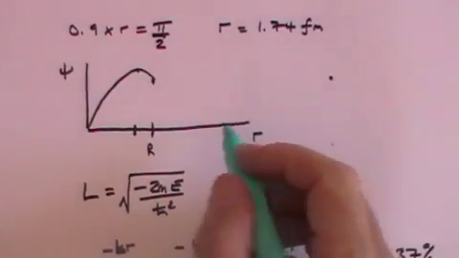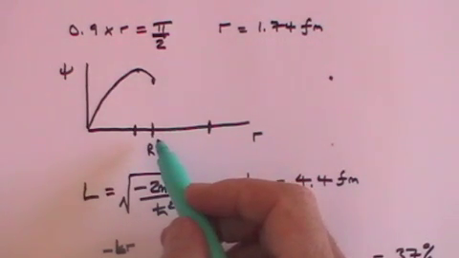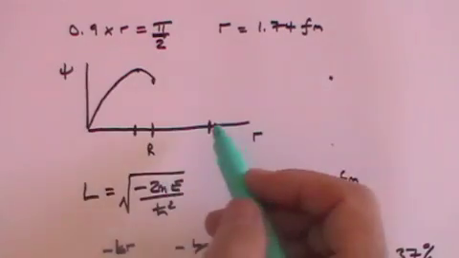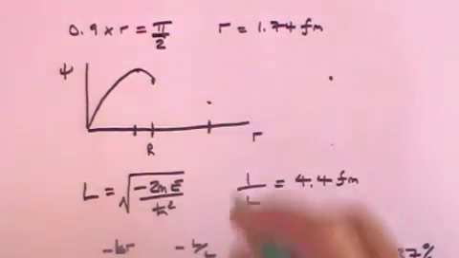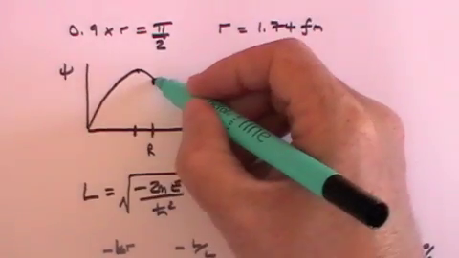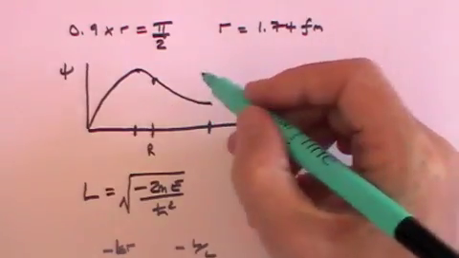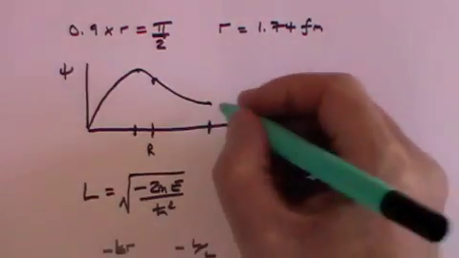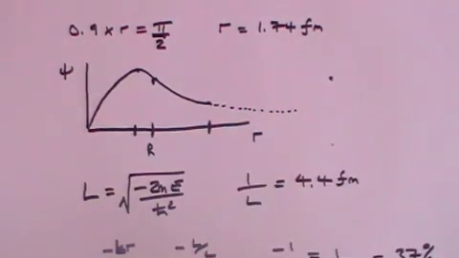So when r is 4.4, which is almost double this radius of 2.1, well, it's actually more than double, the wave function has got down to about a third of its maximum value. And it's gone down by an exponential decrease, which I'm not drawing terribly well. And it will continue an exponential decrease as r increases. So that is the value of psi.